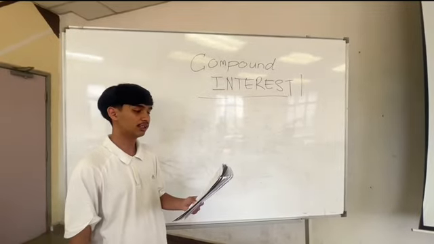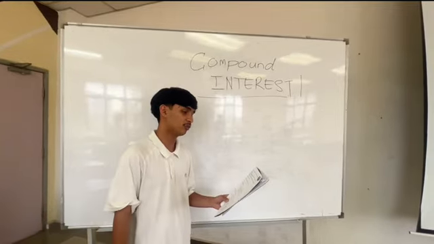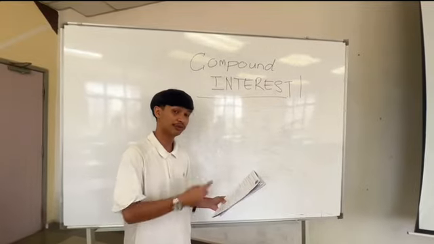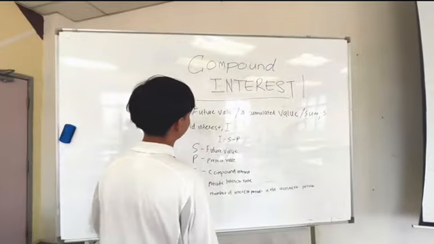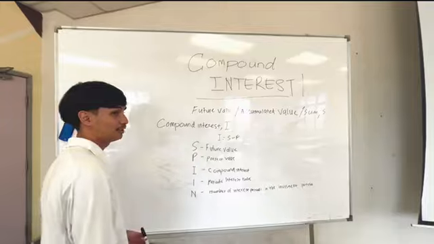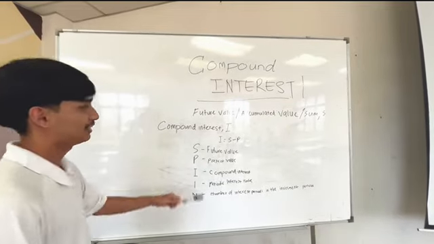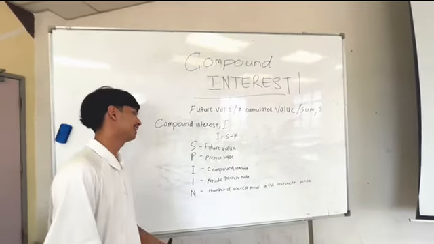The principal increases from time to time. So that is the formula for compound interest: there is future value, accumulated value, and sum, which is S. Compound interest stands for I, I equals S minus P.